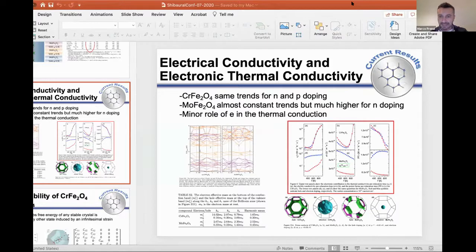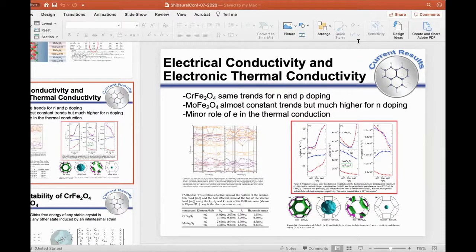Just to be short, I showed you only the best performing carrier concentration. But we've done a survey of different carrier concentrations. The best concentration here is 10 to the 19 per centimeter cube.